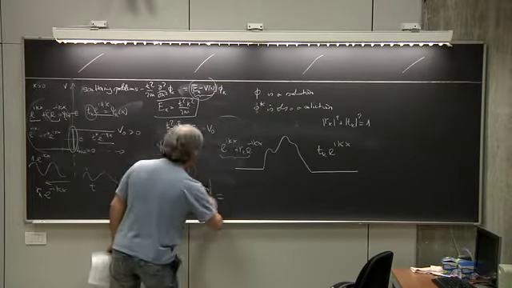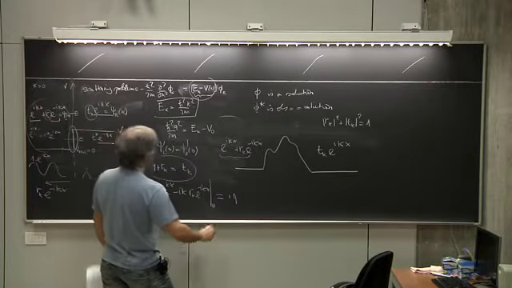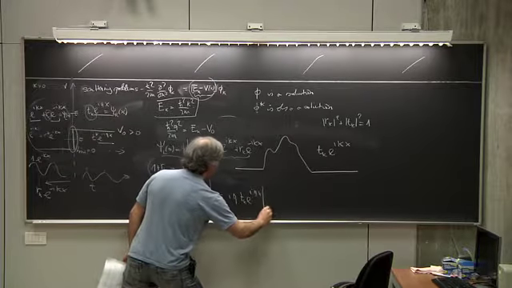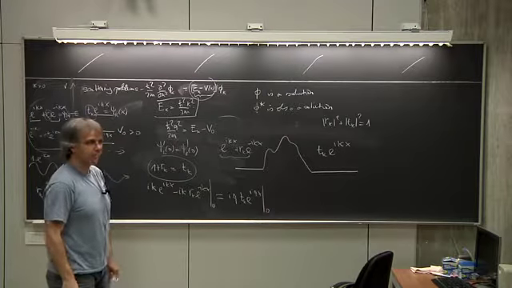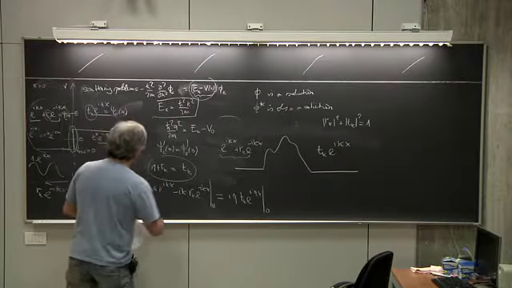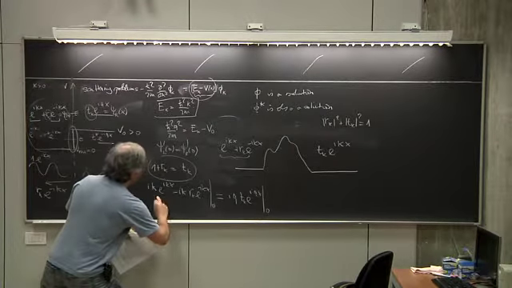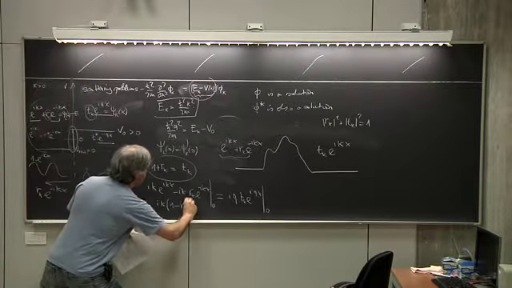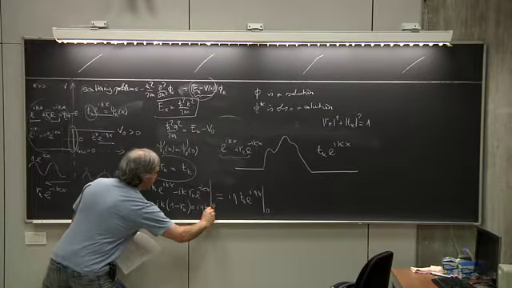And this should match iq Tk e to the iqx evaluated at 0. So you can drop all the exponentials, because evaluated at 0 they give you 1, and write the equation: ik multiplied by (1 minus Rk) equal to iq Tk.